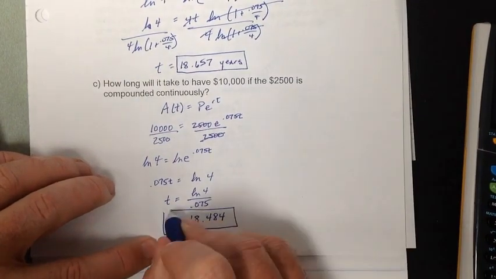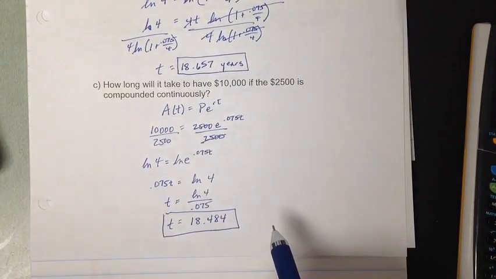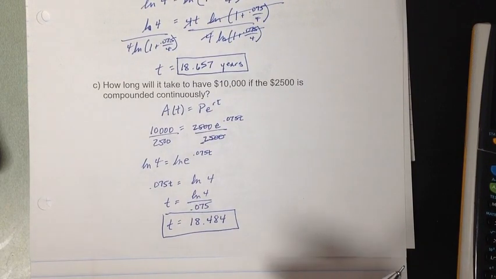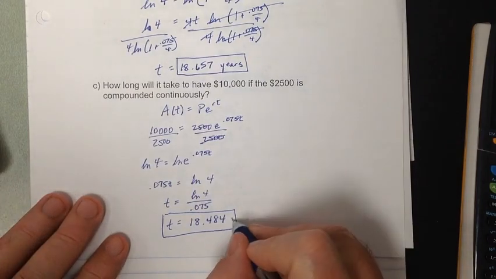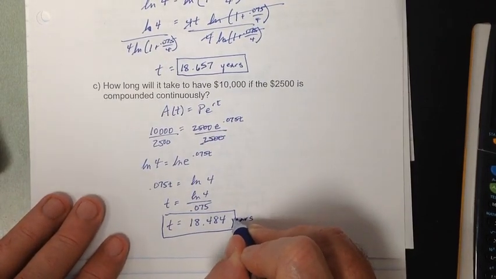So less than 2/10 of a year difference there. A little bit faster, but not a whole ton faster. Okay? Put years there.